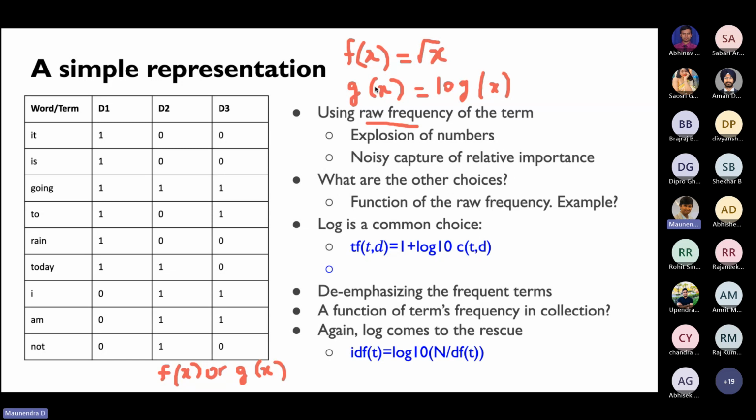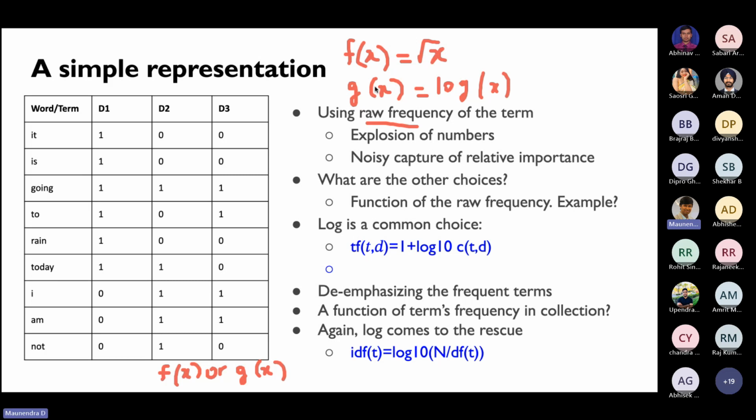Square root of x has a much higher value. For log x, the value tapers very soon. So the rate of growth is much lesser in case of log x, or the damping is much more. If you think of, say, a legal document case, there will be terms we are talking about many times.